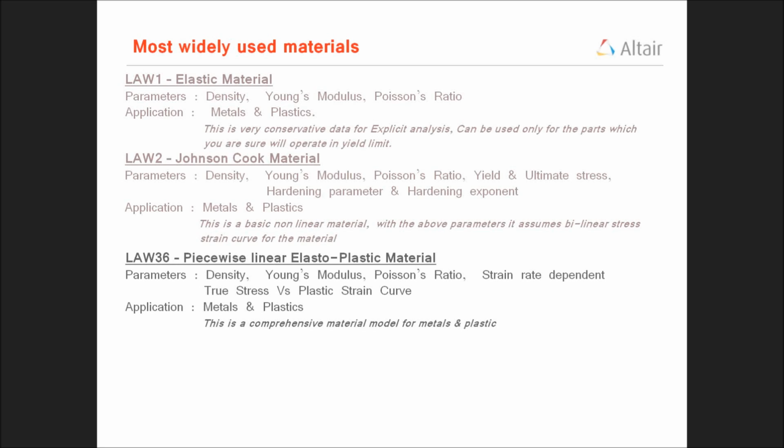And this is the most comprehensive material, very widely used in automotive applications. Here, apart from the first three basic parameters, we define the stress-strain curve in the material model. This curve is between the true stress and the plastic strain.